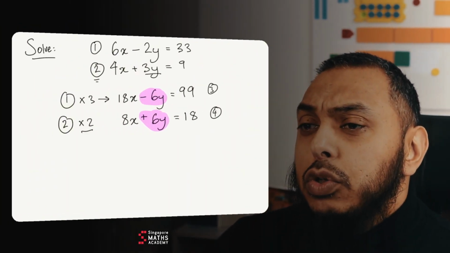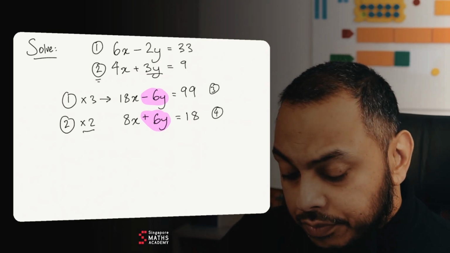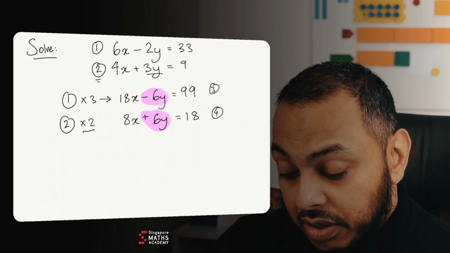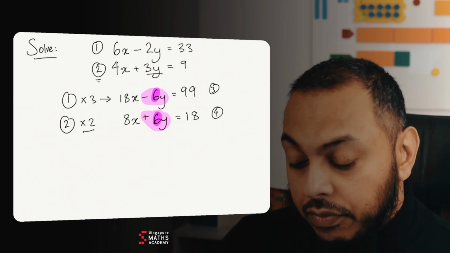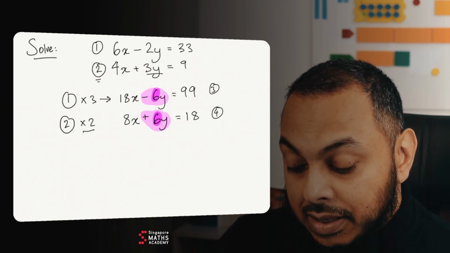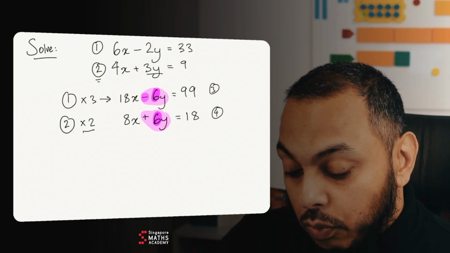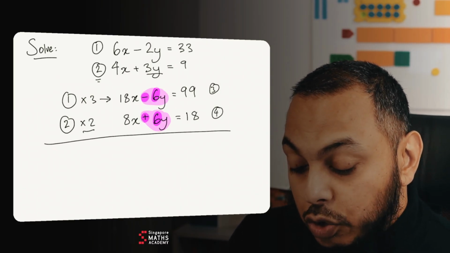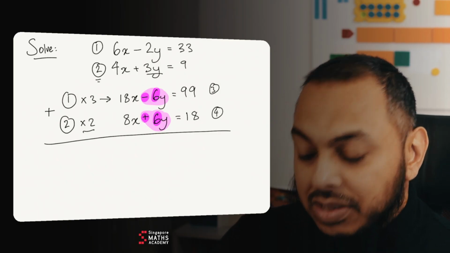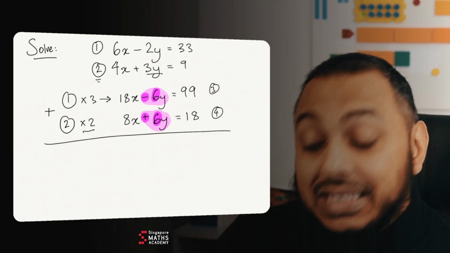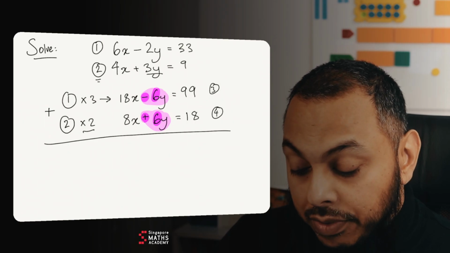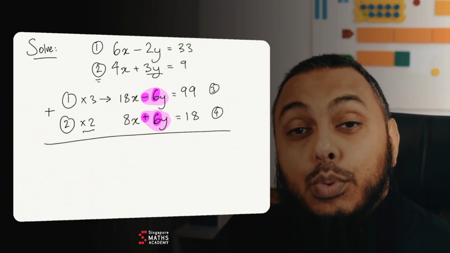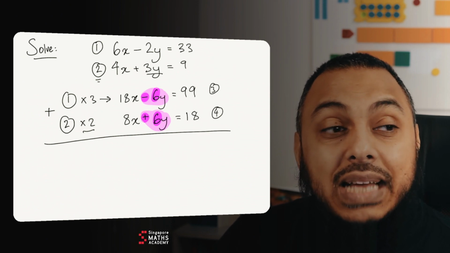We've got two unknowns, x and y, and the coefficient of y is 6, but one is positive 6 and one is negative 6. In this situation, we're going to add them together, because 6y add negative 6y is 0. Negative 6 add 6 is 0.